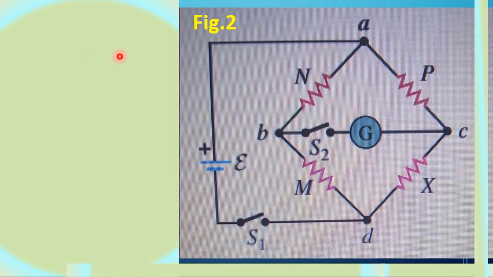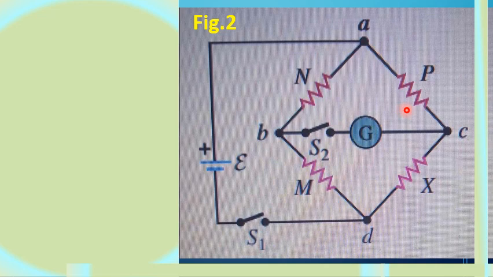Shown in this next direct current circuit is an example of what we call a Wheatstone bridge, also known as the resistance bridge.